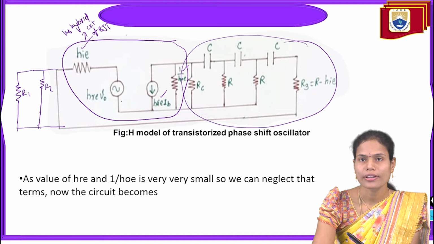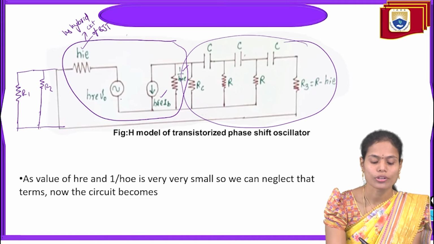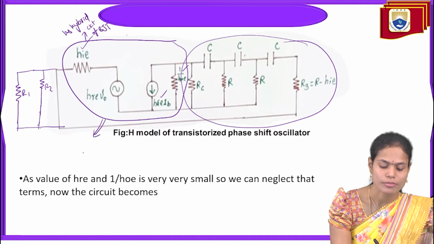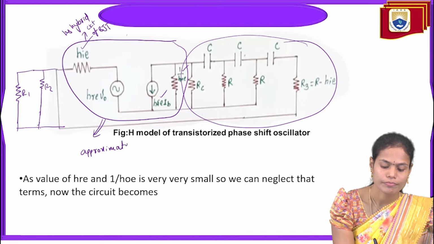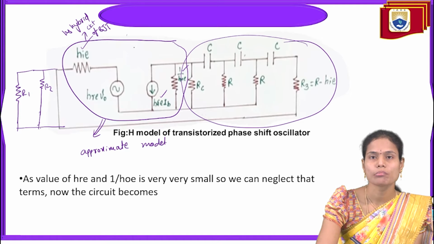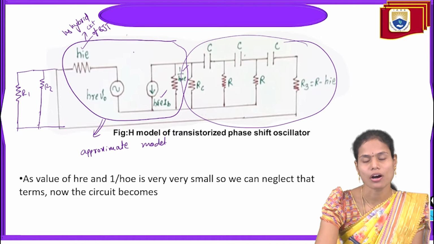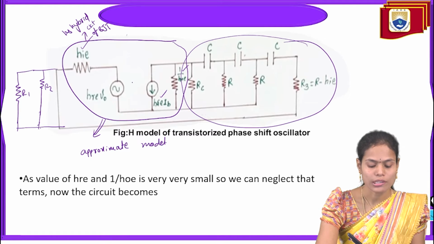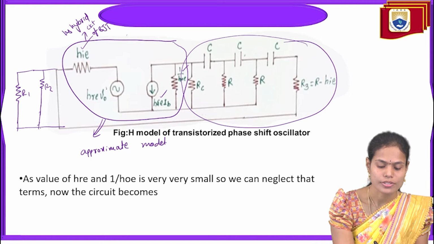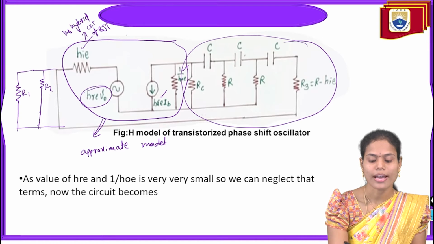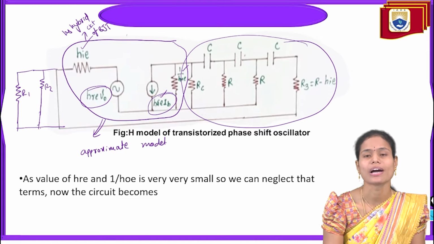And in order to analyze this circuit, I wanted to simplify it as an approximate model. This one is the exact model with all the parameters. In the approximate model, we can neglect this HRE, V0 as well as this HFE, IB values. Why?